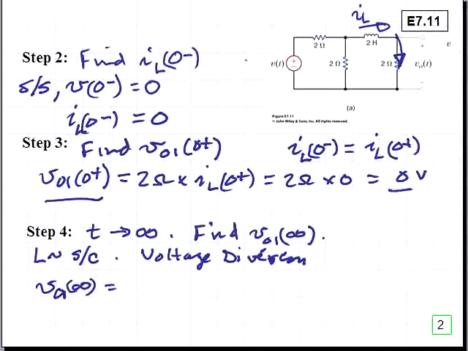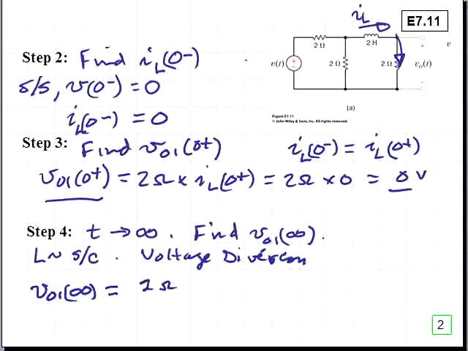So vO1 at time infinity will equal the voltage drop across that 2 ohm resistor pair, which appear in parallel because the inductor is a short circuit.